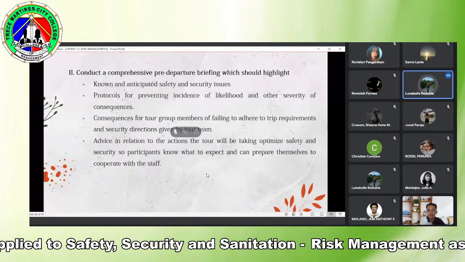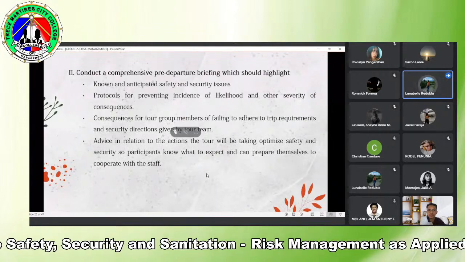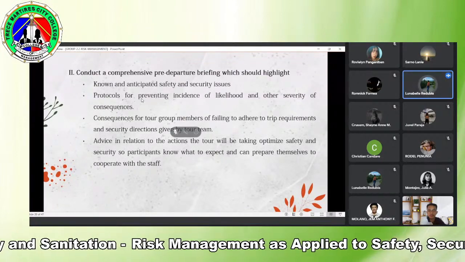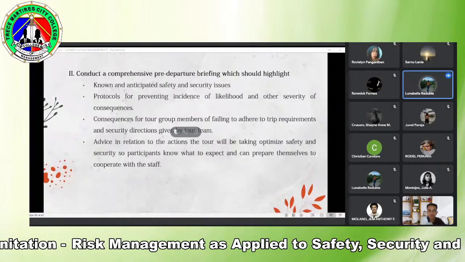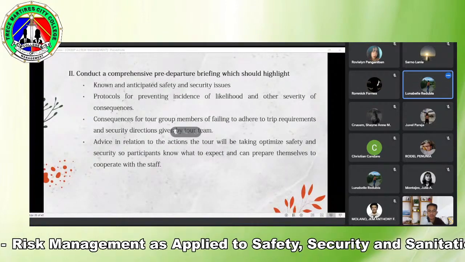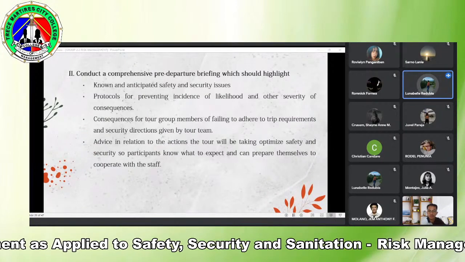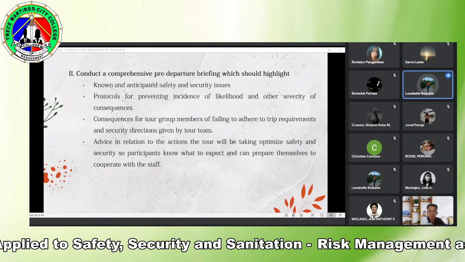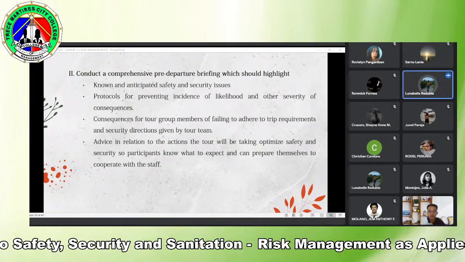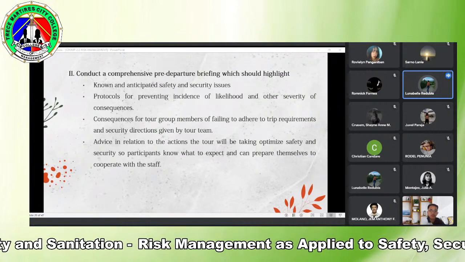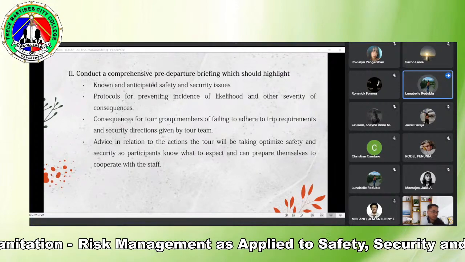Next is to conduct a comprehensive pre-departure briefing which should highlight known and anticipated safety and security issues. First, pwede to sa panahon. If your event takes place outdoors, the weather will play an incredibly important role in your security operations.